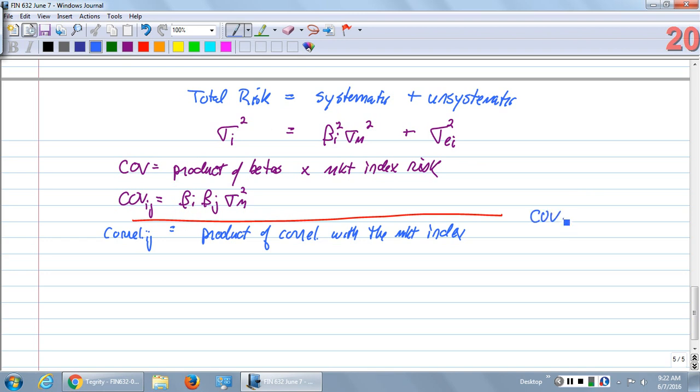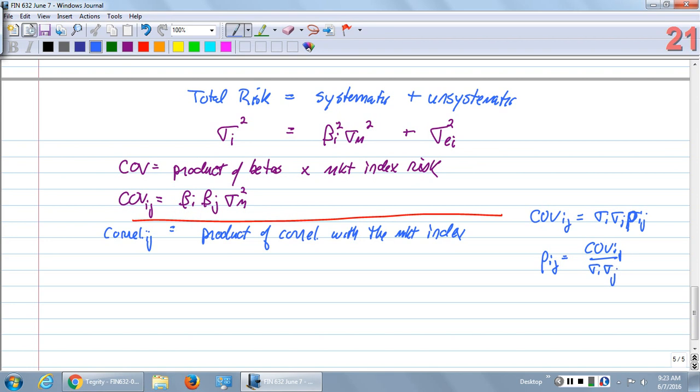The covariance of asset I and asset J is equal to the standard deviation of asset I times the standard deviation of J times the correlation between I and J. Solving for correlation, I could write the correlation IJ equals covariance divided by the product of their standard deviations.